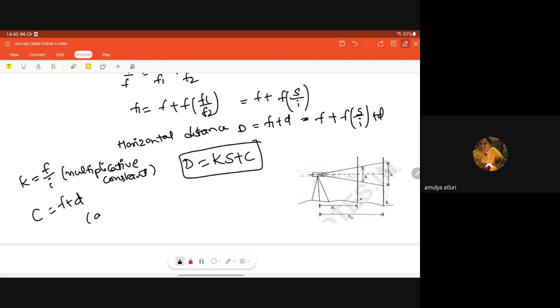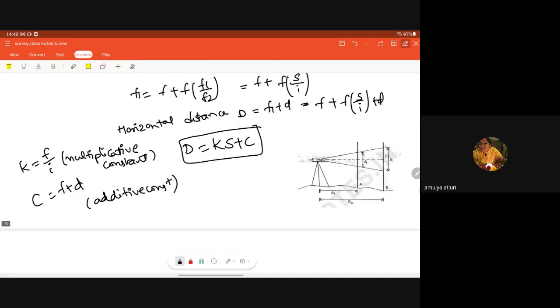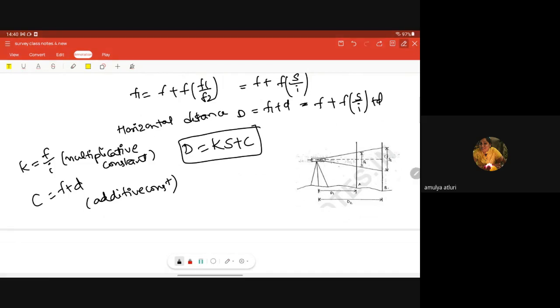This C is called the additive constant. Got it? You can see here S1, S2, D1, D2. The representation will be like this.